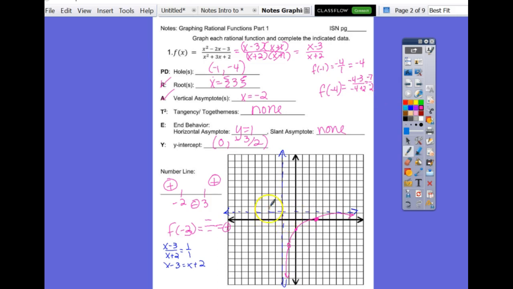So -4 is going to be 3.5, right? So I'm going to get a number 3.5 right here. I know this is all positive. Can it cross this asymptote? Why? I canceled the x's. I can never cross it, no matter what. Not over here and not over here. I can't cross. So this is going to have to look like this. All right, number 2.